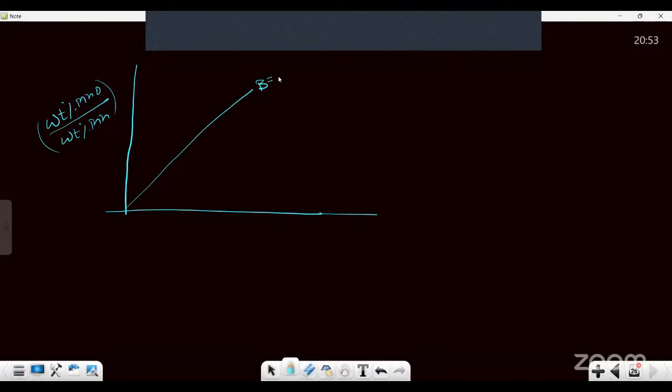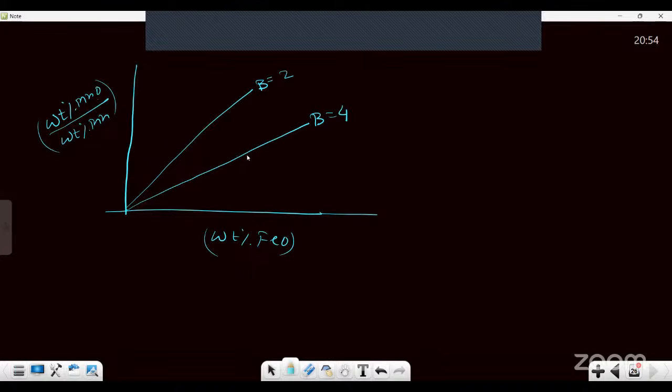So this is having basicity 2, and this is having basicity 4. And this is suppose weight percentage of FeO. You can very easily see from here that as the basicity is increasing, the weight percentage of MnO is decreasing.